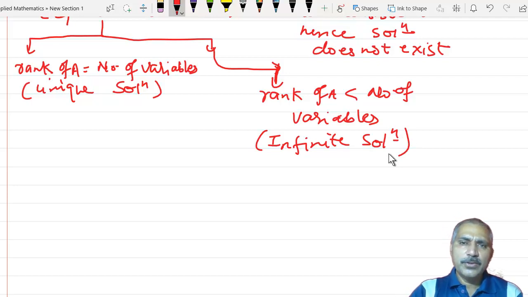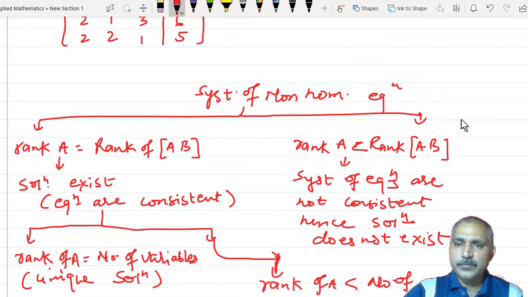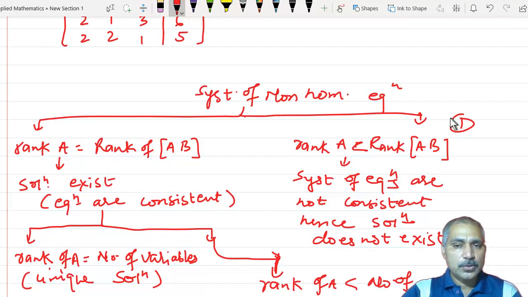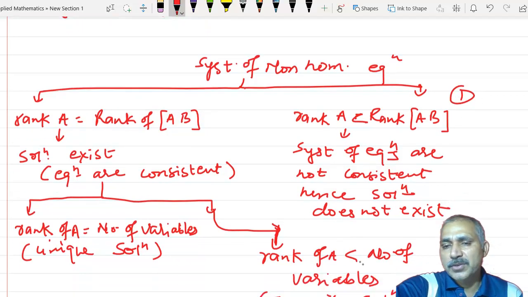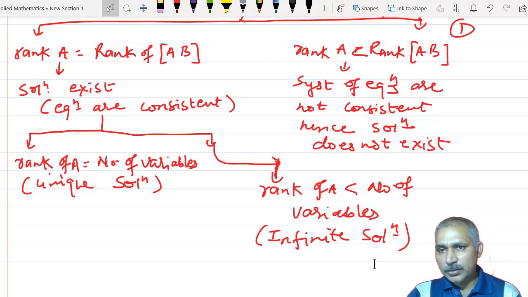Now we have total three cases here. The first one is this. Solution does not exist. That means system of equations are not consistent. In this case, rank of A will not be equal to the rank of augmented matrix. That means rank of A is going to be less than rank of augmented matrix.